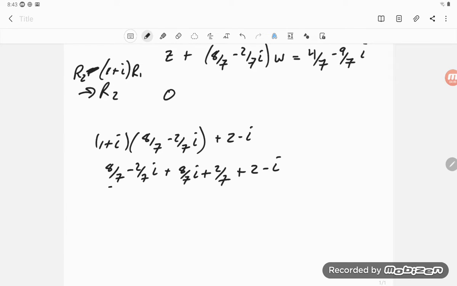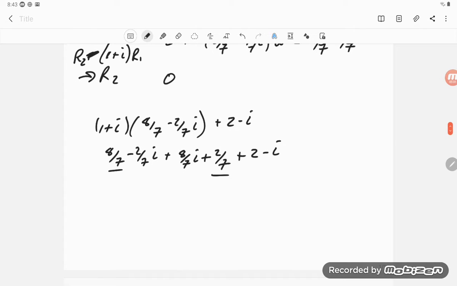So real numbers, I've got 8/7 plus 2/7, that is 10/7, plus 14/7. That looks to be 24/7. So I'll put that here, 24/7.